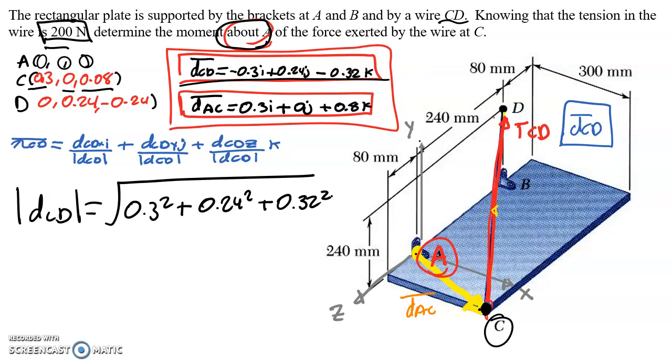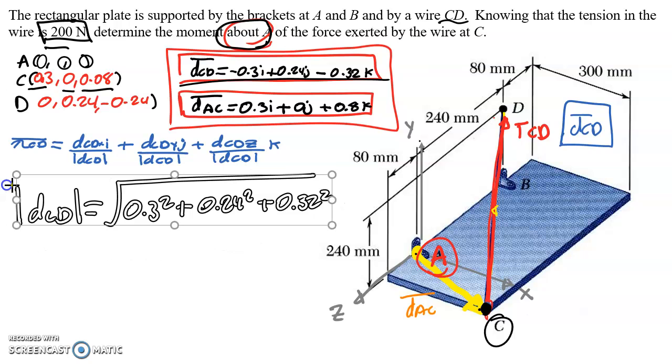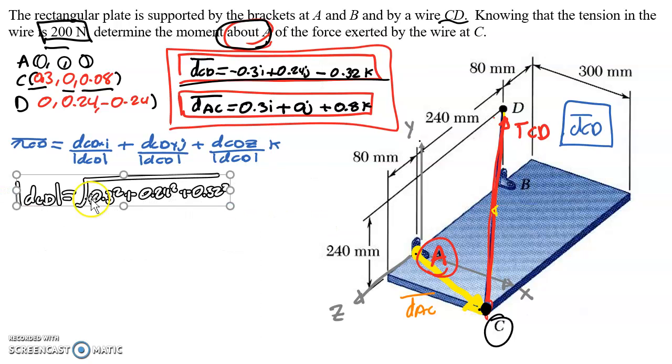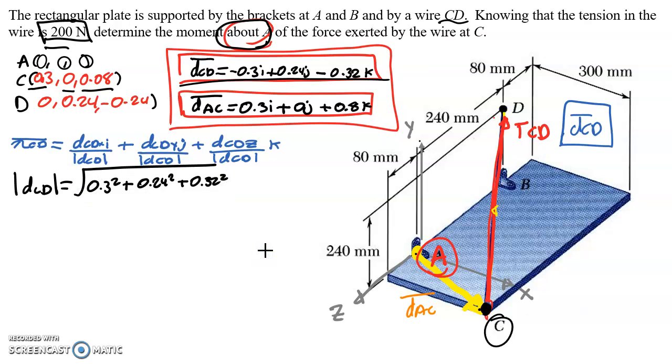The result for that will give us the module, and knowing the module we can calculate lambda. The module will then be the square root of 0.3 squared plus 0.24 squared plus 0.32 squared.